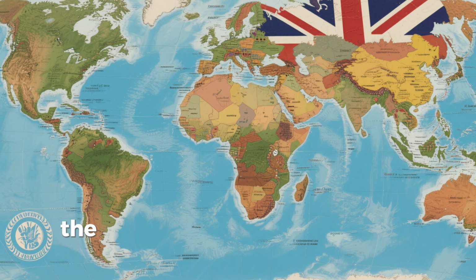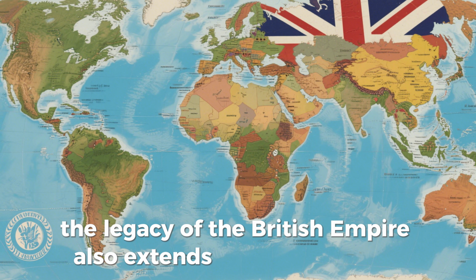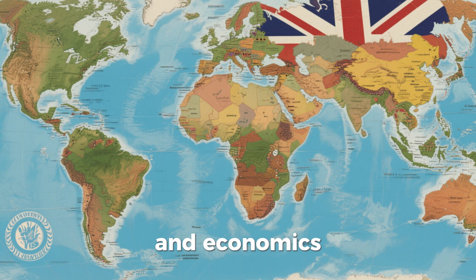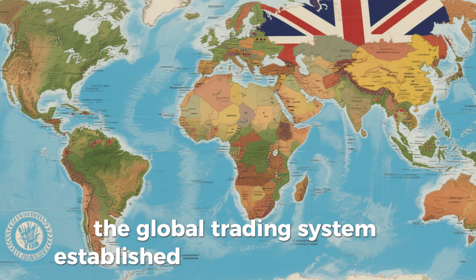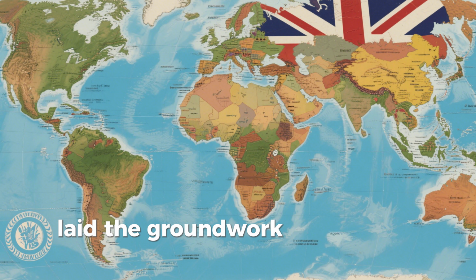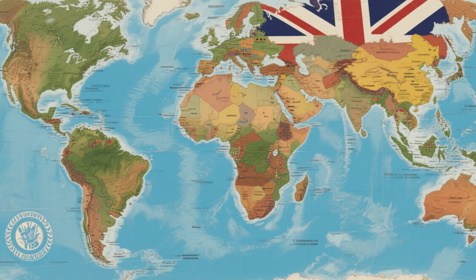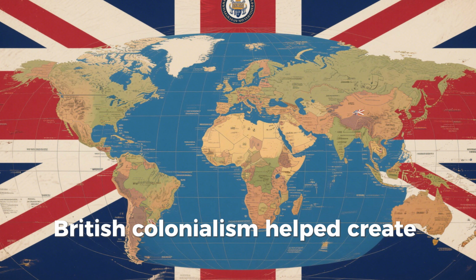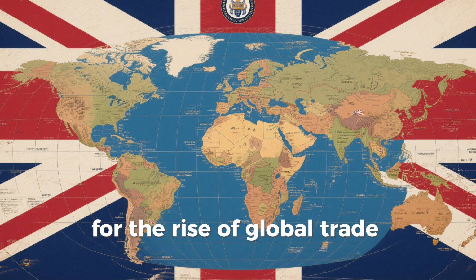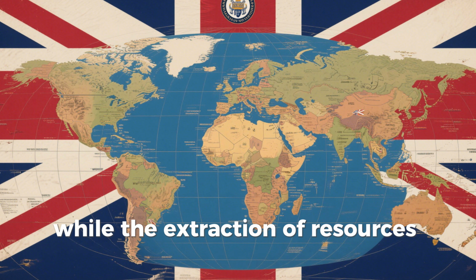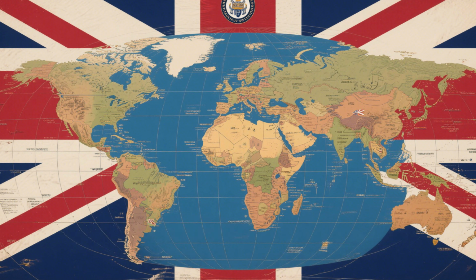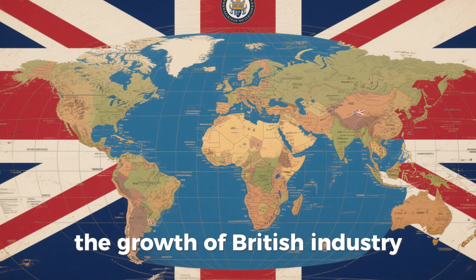The legacy of the British Empire also extends to global politics and economics. The global trading system established by the British Empire laid the groundwork for modern capitalism. British colonialism helped create the conditions for the rise of global trade networks, while the extraction of resources from colonies fueled the growth of British industry.